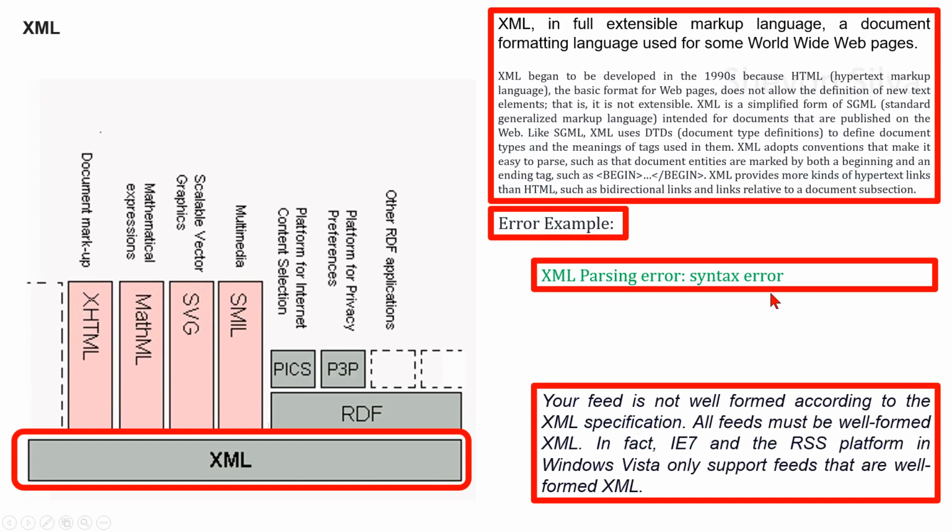As an error example, we can consider an XML parsing error, syntax error. Your feed is not well formed according to XML specification. All feeds must be well formed XML. In fact, IE7 and the RSS platform in Windows Vista only support feeds that are well formed XML.